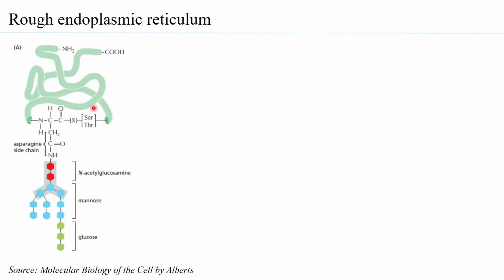Now, another important function that the rough endoplasmic reticulum has is in a post-translational modification that is called glycosylation. That means sugars can be added to the protein to form what is called a glycoprotein.